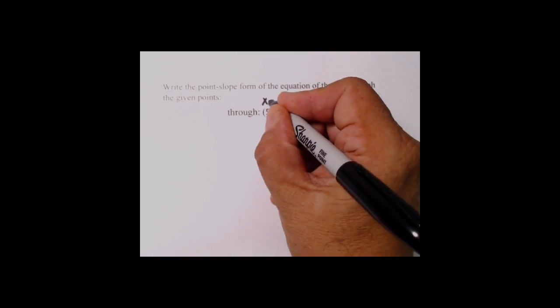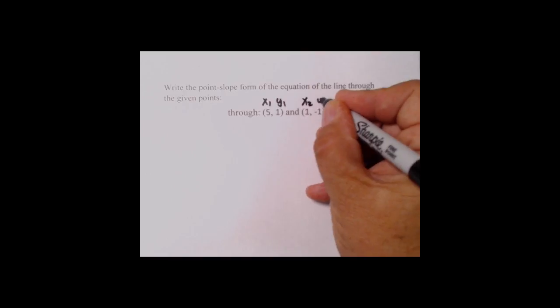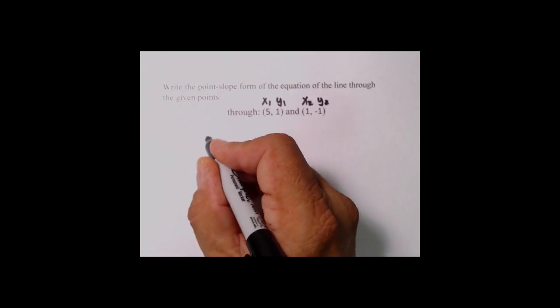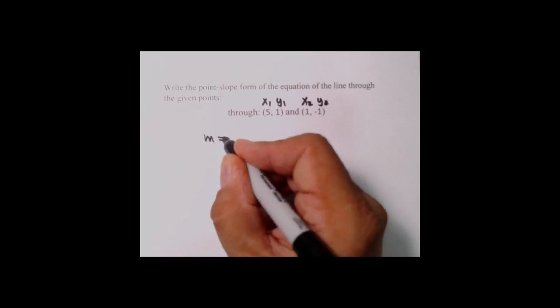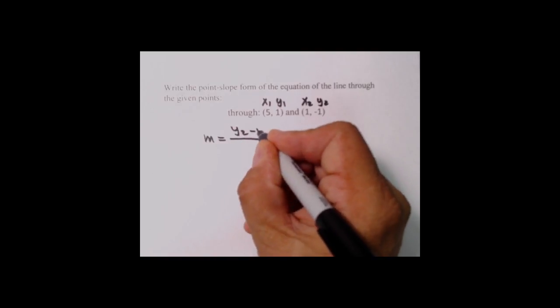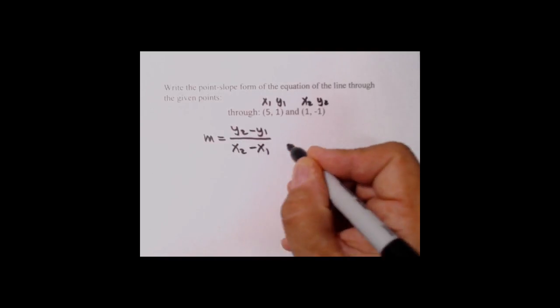So I'm going to make this x1 and y1, and this x2 and y2. Labeling them like this increases your chances of getting things correct. Now remember, what's m equal? m equals y2 minus y1 over x2 minus x1.